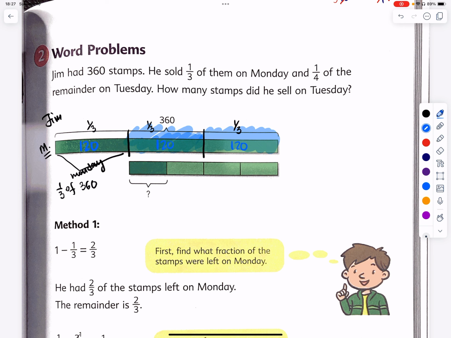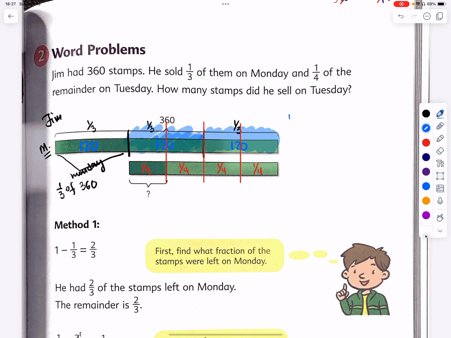And what happened to those 240 stamps? 1/4 of them was sold. So we have 1/4, and another quarter, right? 1/4 of the remainder, another quarter of the remainder. My friends, this is a multi-step word problem.